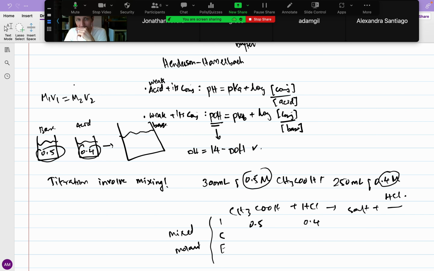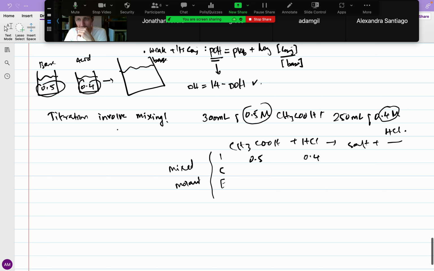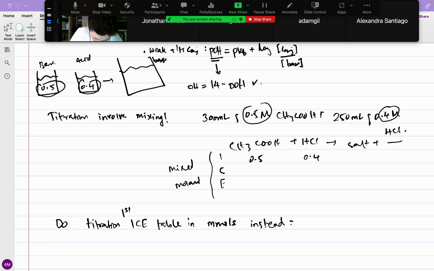What you can do instead is do titration ice tables, or at least do the first ice table in millimoles instead of molarities, big M. That way you circumvent this problem.